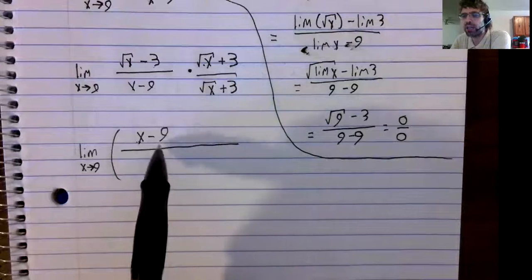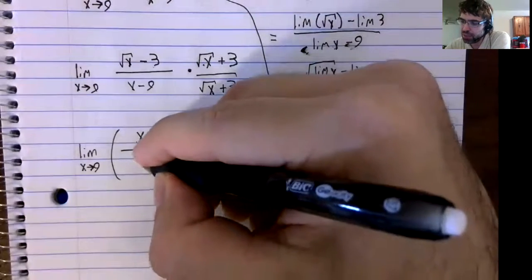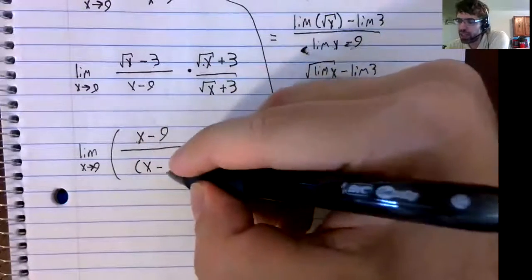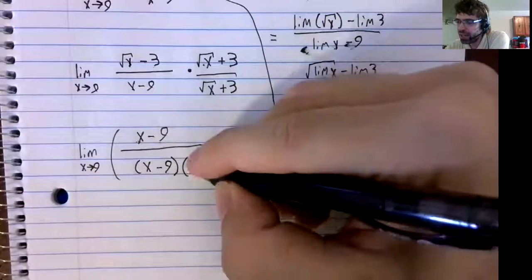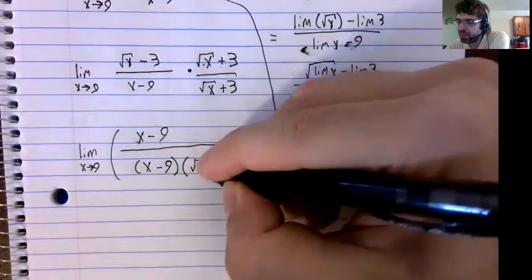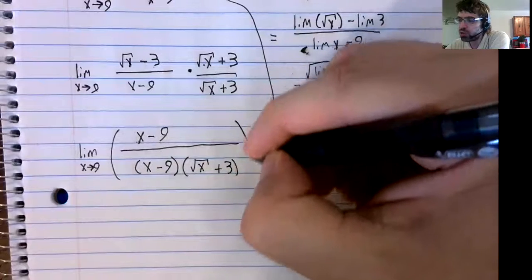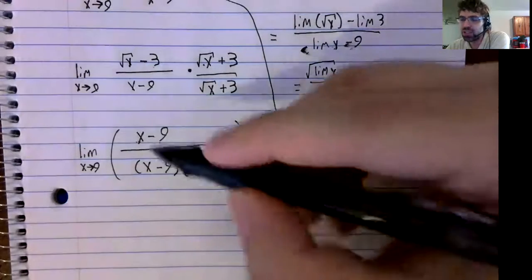Negative 3 and 3 gives negative 9. We could FOIL the denominator, but that would be a bad idea because if we don't FOIL the denominator, we're going to be able to do some cancellation.